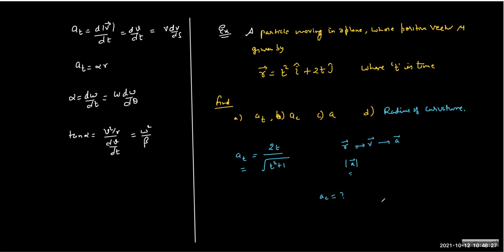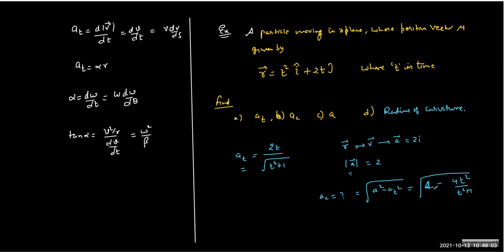Sir, I got A as 2 i cap. Yeah, A is 2 i cap, so mod of A is 2. Now you know A, you know AT. So what is AC? It will be under root of A square minus AT square. It's 4 minus 4t square by t square plus 1, under root.